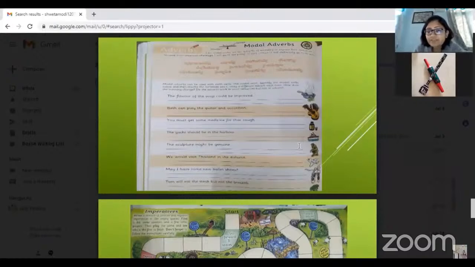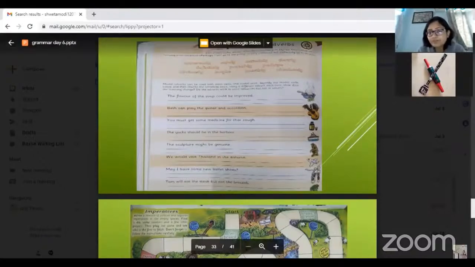You must get some medicine for that cough. You must clearly get some medicine for that cough. Yes. The yacht should be in the harbor. So you can just put any of the modal adverbs which are given here. According to the situation, they will fit in. We don't know which one, but according to the situation.